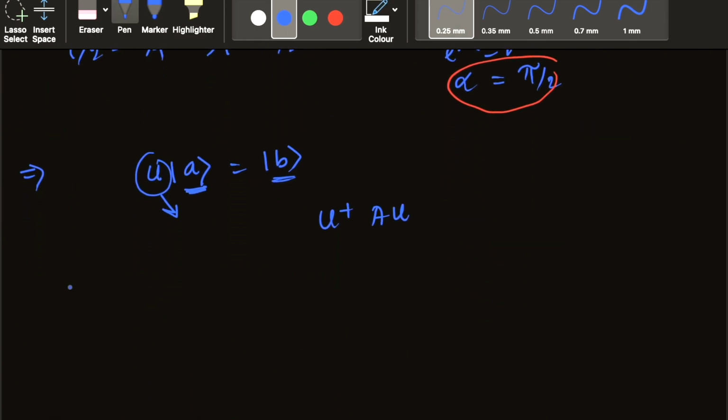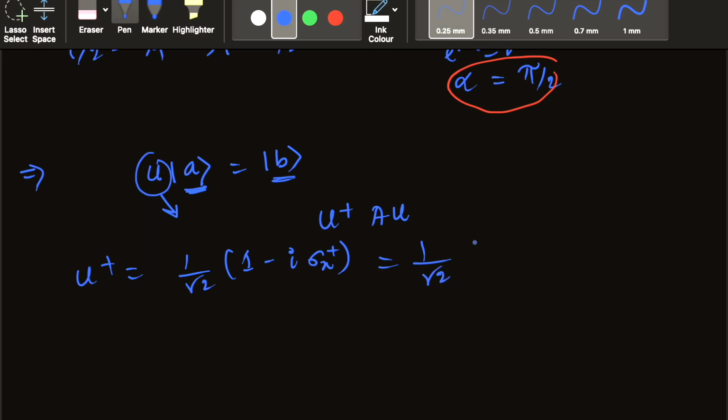So here let us check whether U is unitary or not. U dagger means 1 by root 2 into 1 minus i sigma x, since sigma x is a Hermitian operator.